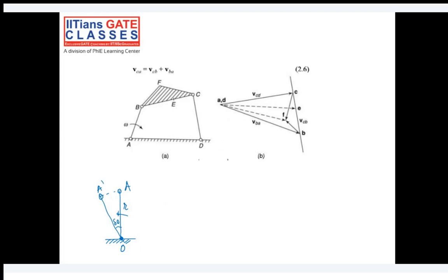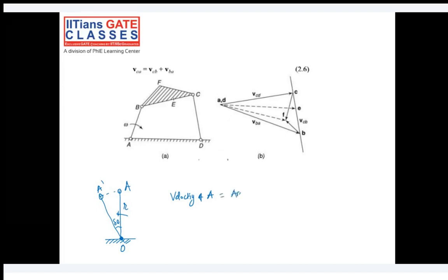So what is basically arc AA dash? R times delta theta divided by delta t. Whenever this delta t tends to 0, you can write it as r d theta by dt, a small angle d theta in time dt.